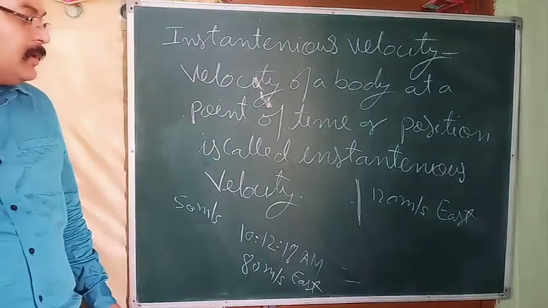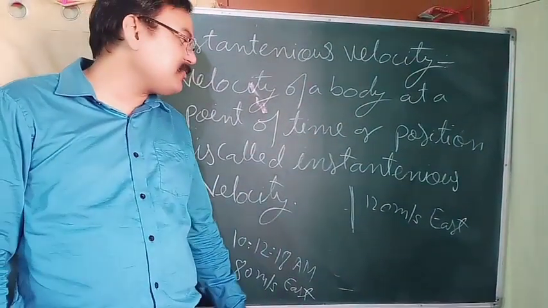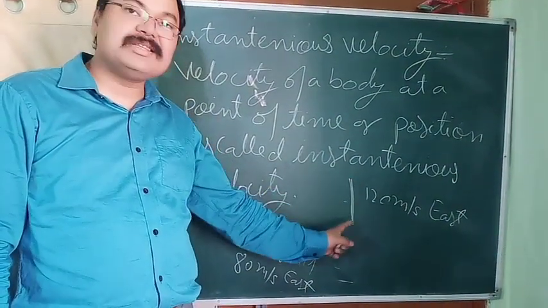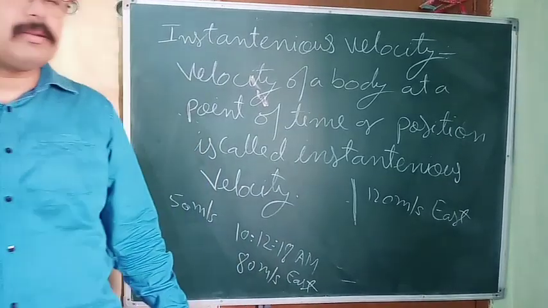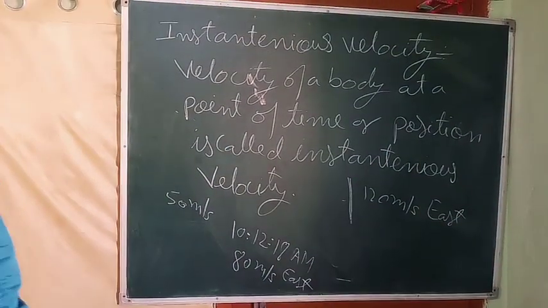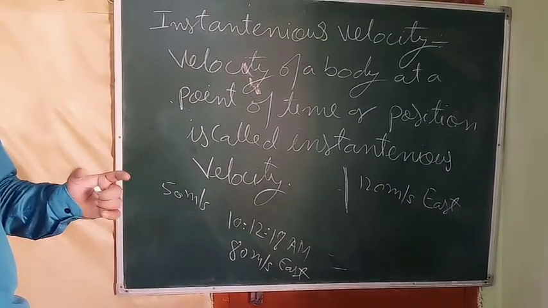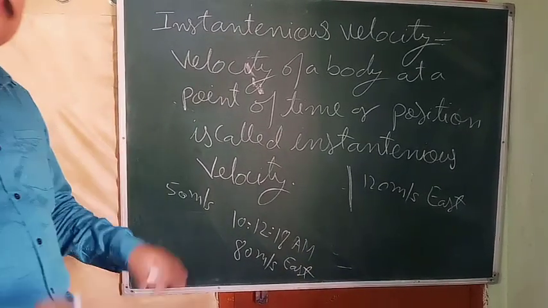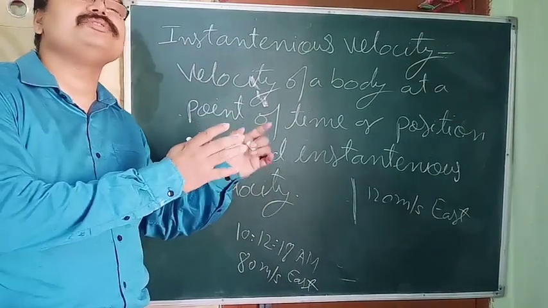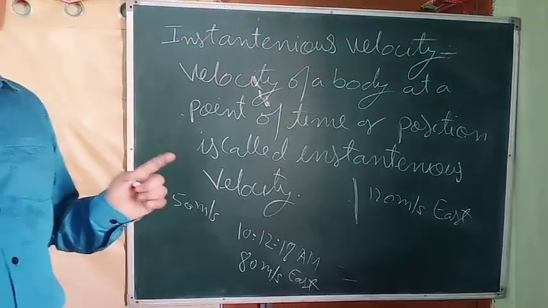So you can say your instantaneous velocity when you were crossing this pole was 120 meter per second towards east. So instantaneous velocity means velocity of a body at a particular point of time or at a particular point of position while moving.